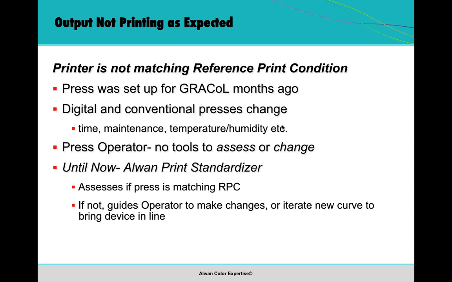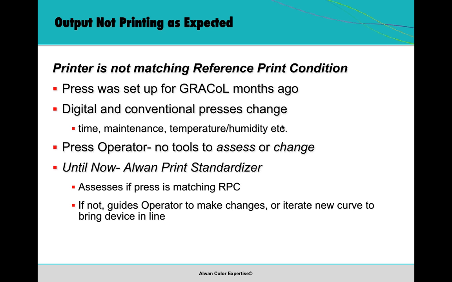And that's why the skies were going purple, because the cyan was contaminated with the magenta and everything was going purple. Print Standardizer let them know that right away. In fact, this customer told me that they learned more about their press in the first 30 days of using Print Standardizer than they did the previous 3 years of running the press without it.